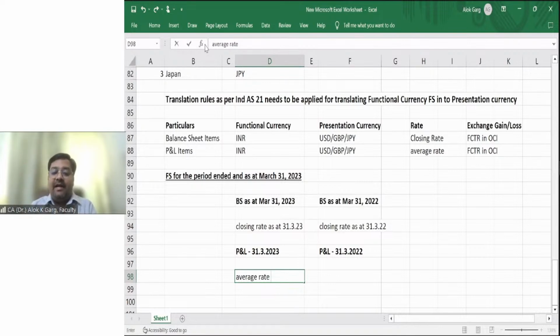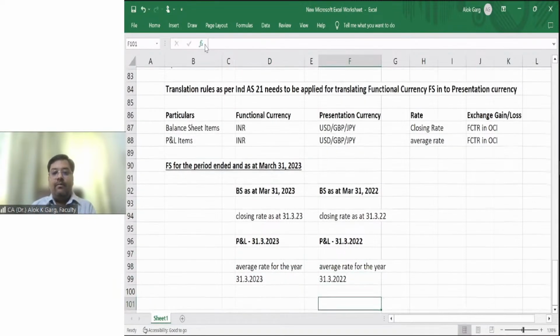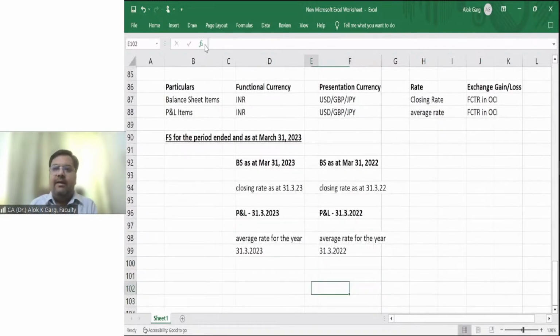What is the average rate? The average rate for the year ended 31st March 2023, and the average rate for the year ended 31st March 2022. Is that clear? Any doubt here?